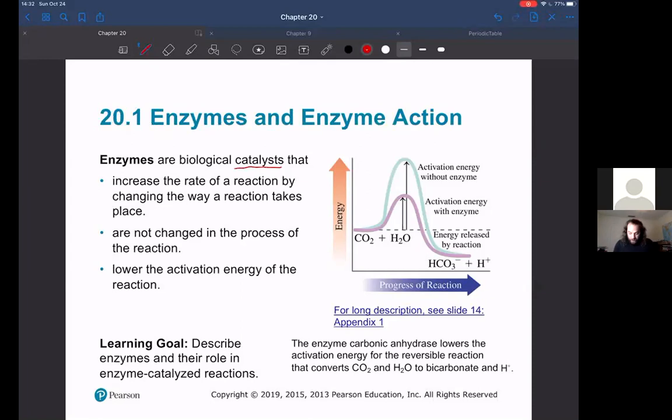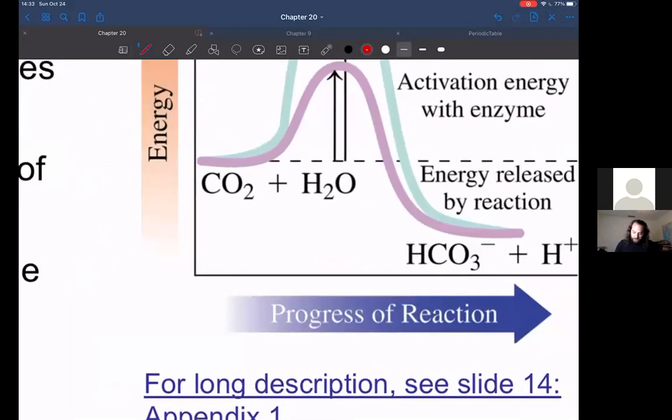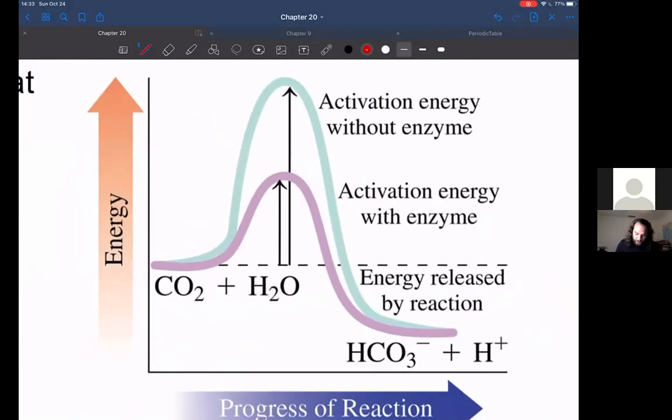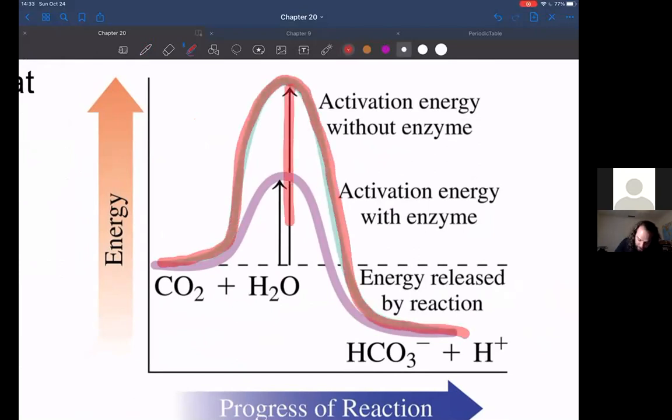So they do this by lowering what's called the activation energy of a reaction. So here we have this free energy diagram, and this would be the energy of this reaction without a catalyst. The height of this barrier here is what's called the activation energy, and it corresponds to the rate of the reaction. So for example, let's just take a reaction which is the breaking apart of a glucose molecule.